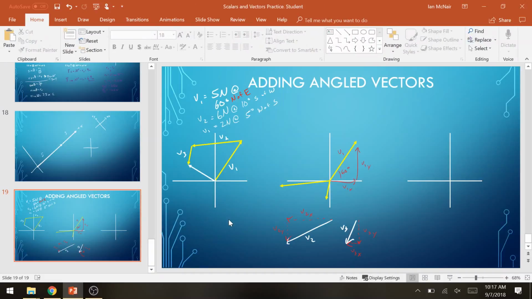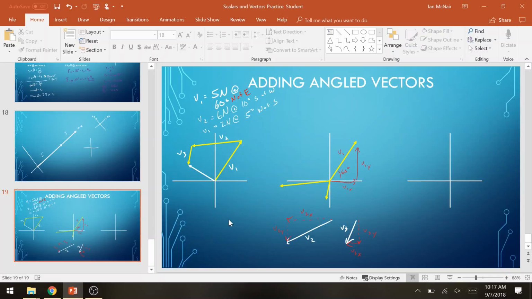Right, so if we're just looking at this vector isolated, if I was just guessing, maybe 3.5 or 4 newtons, maybe somewhere around 30 degrees above the negative x-axis. I'm not going to have you do it for homework, but I do want you to try to break these down yourselves into components.